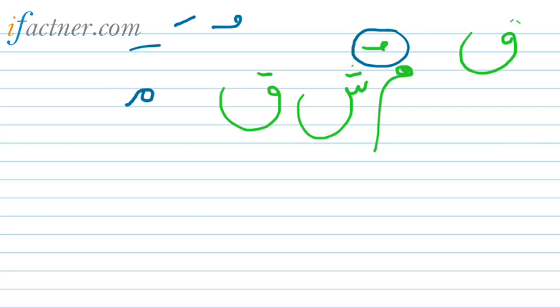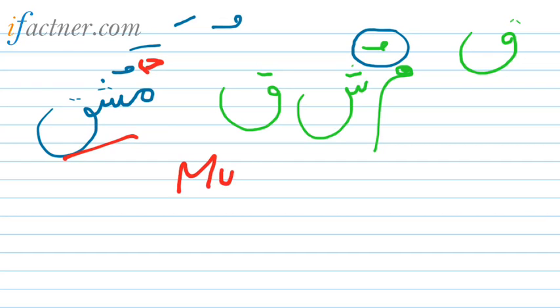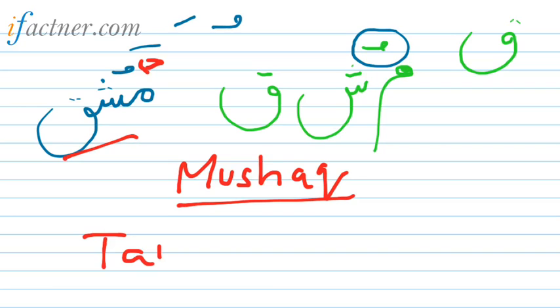And it is written like this: just like the previous word, but with a pesh on top of it. Mushk means tail. Tail of a dog.